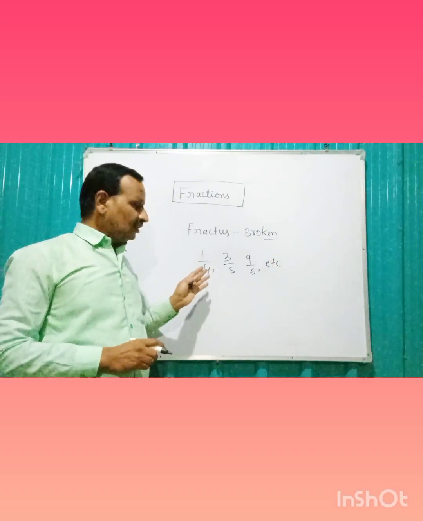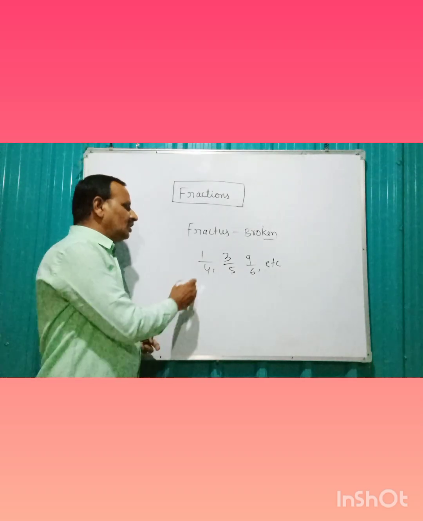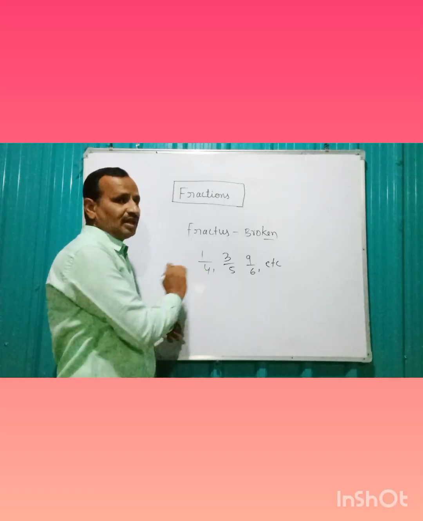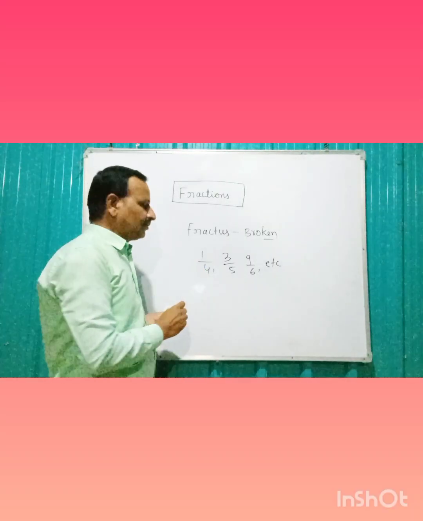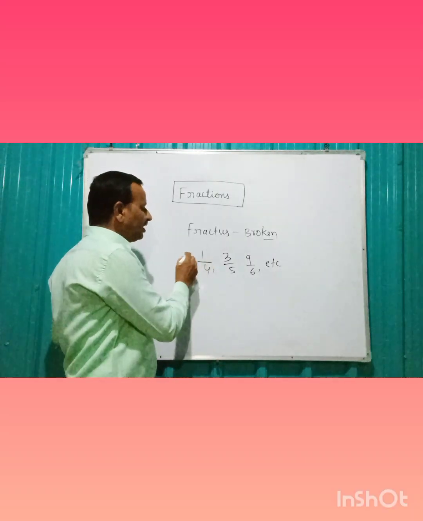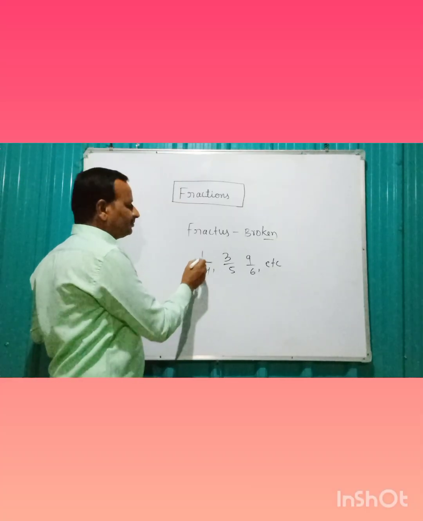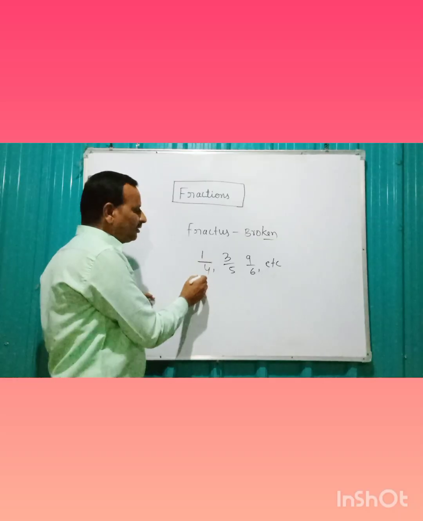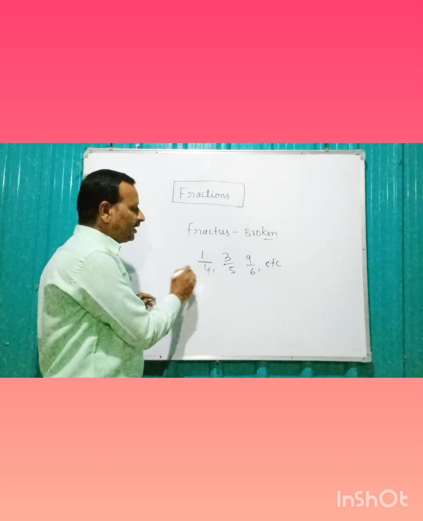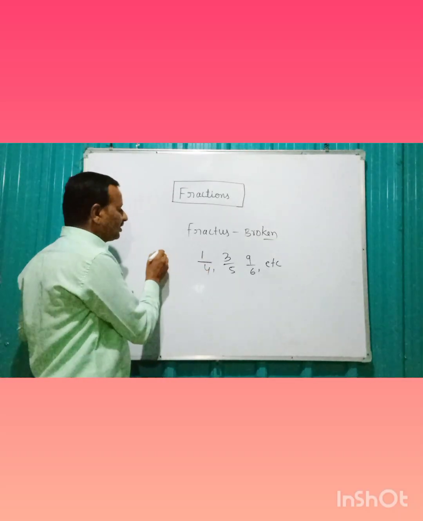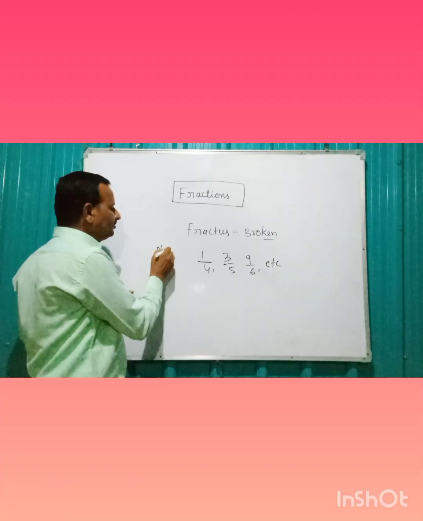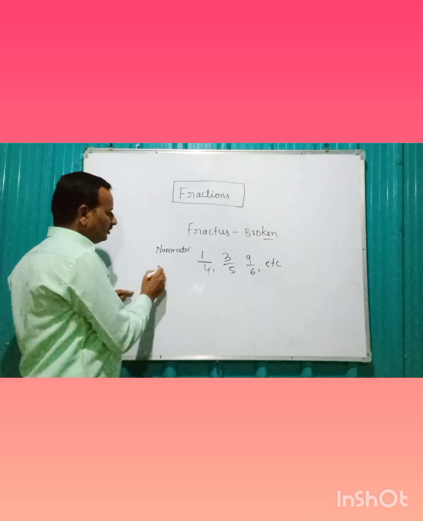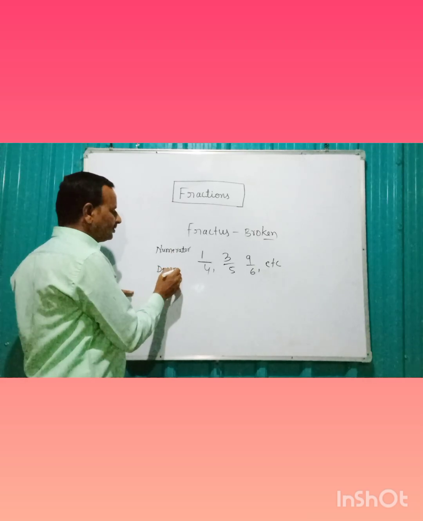A fraction has two numbers, one upside and one downside. The upper number we call the numerator, and the number below we call the denominator. The fraction has two numbers, one is the numerator and the other is the denominator.